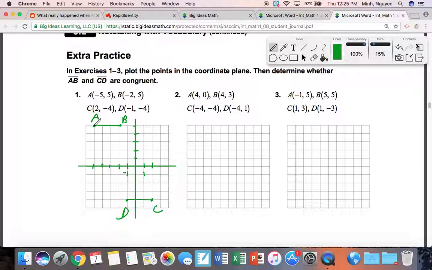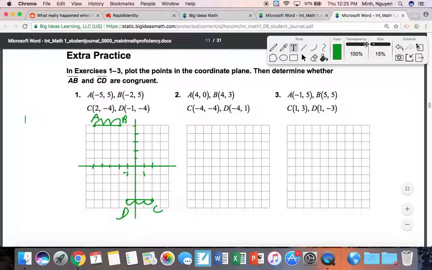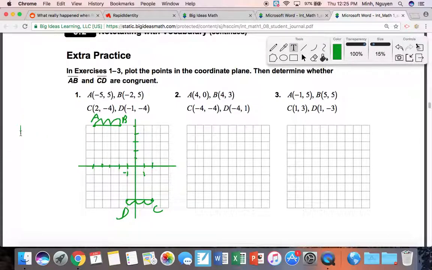AB is 1, 2, 3 squares or units, and DC is also 3. So yes, if they both have the same number of units, they are congruent. The segments are congruent because they're both length 3.